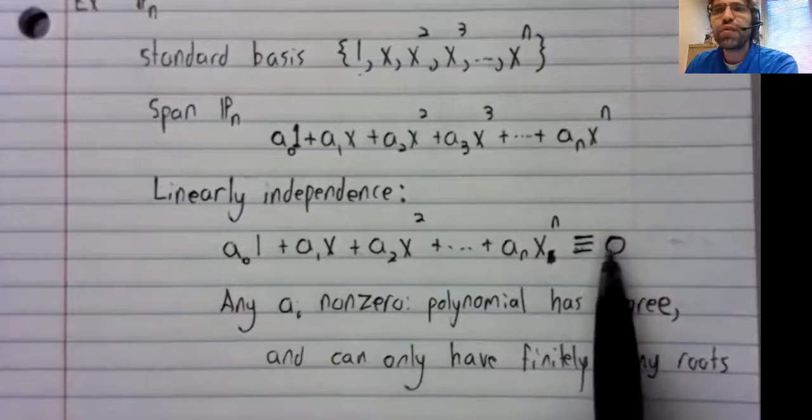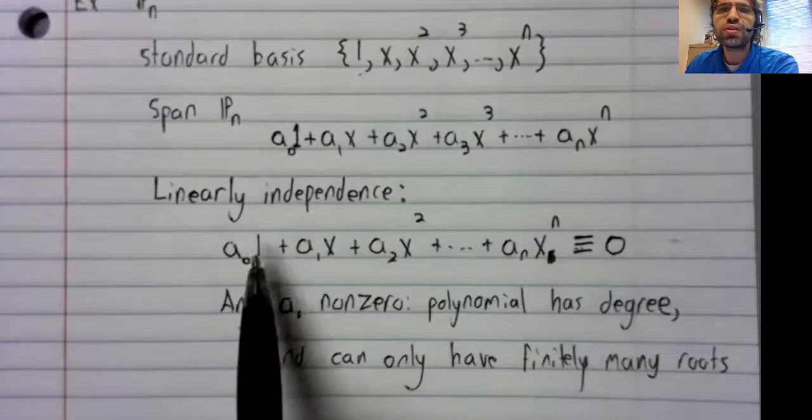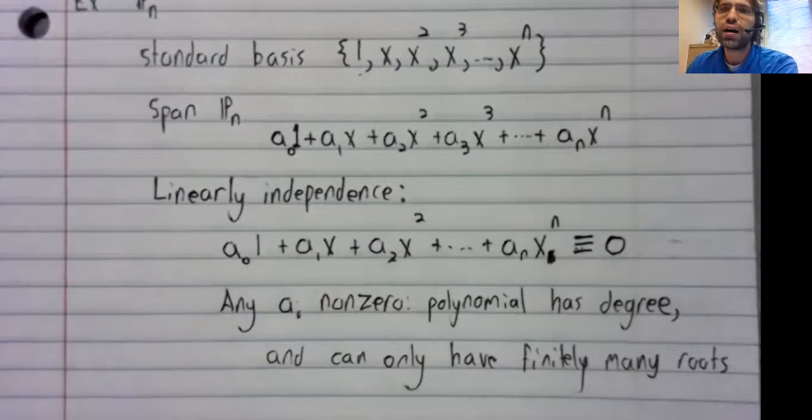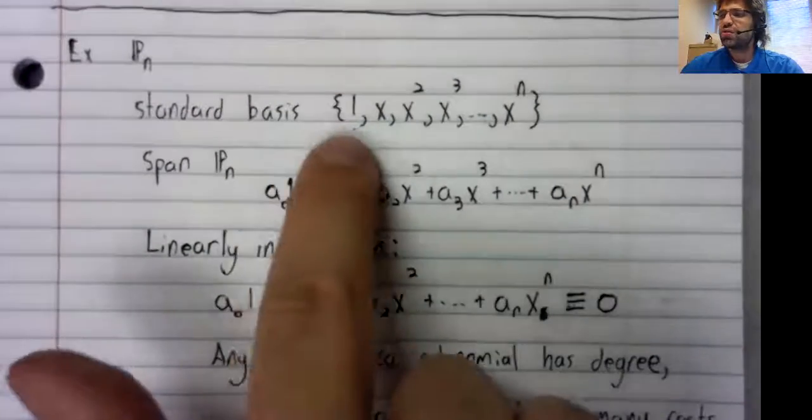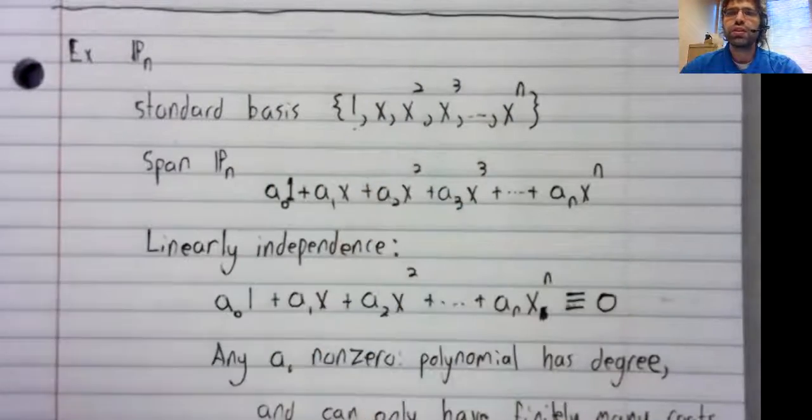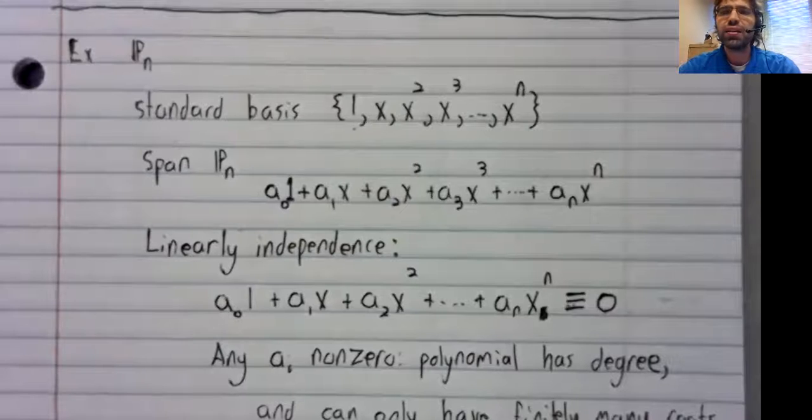So the only way for this equality to hold is if all of the a sub i are 0 and we're golden. That's precisely the definition of linear independence. So this is a linearly independent spanning set, hence it's a basis.